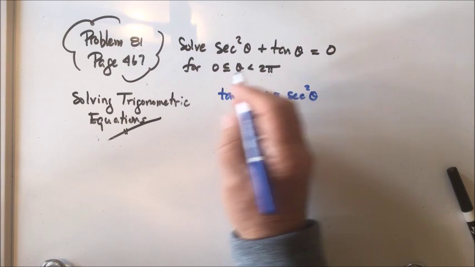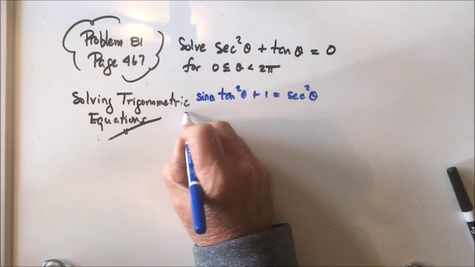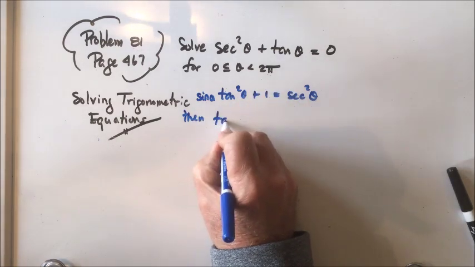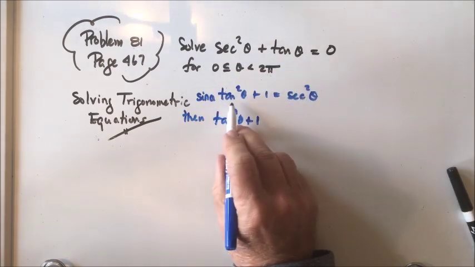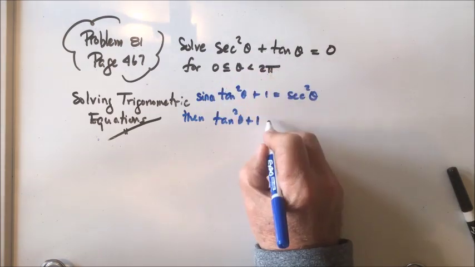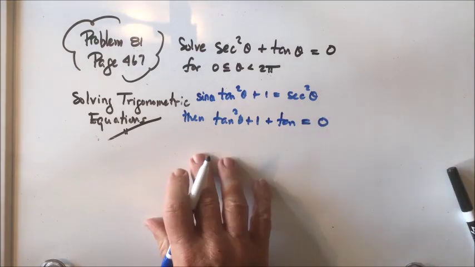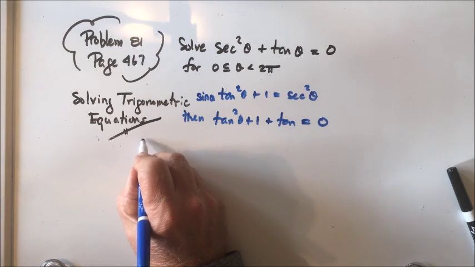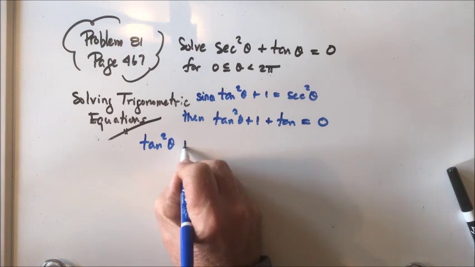Secant squared becomes tangent squared theta plus 1, plus tangent is equal to 0, and I've got a quadratic function in the tangent.